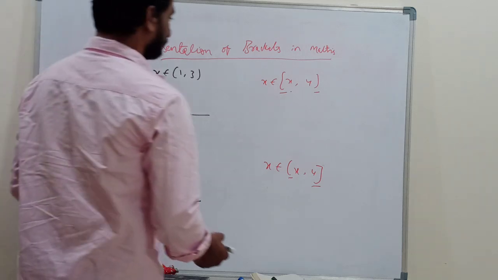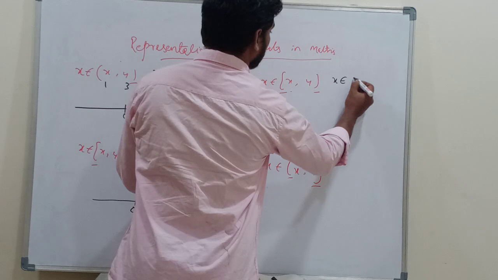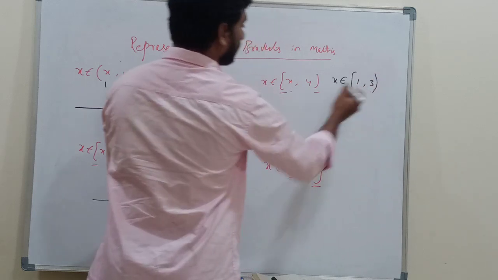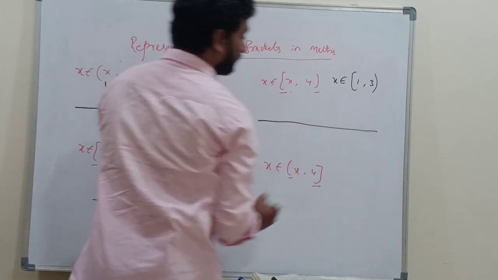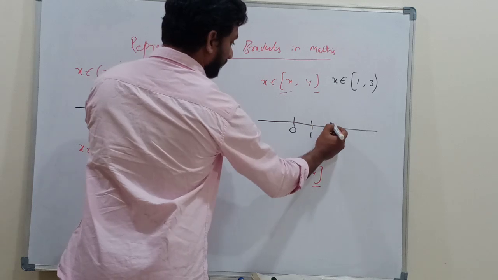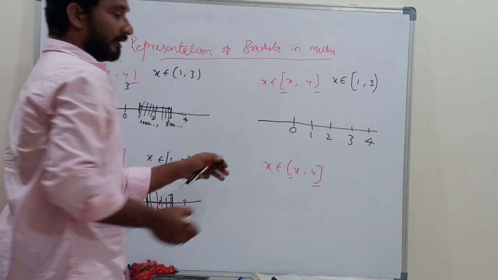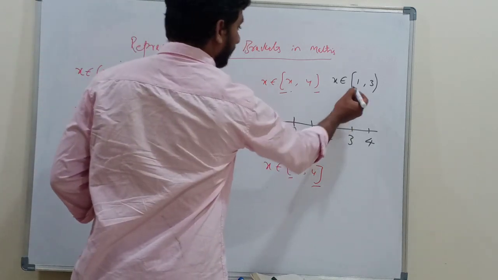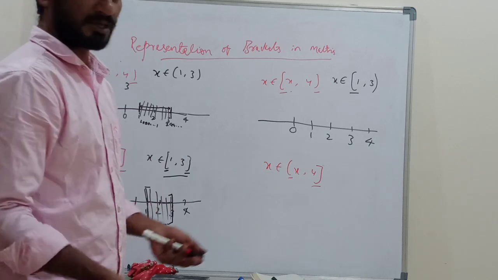Next I'm taking x belongs to closed bracket 1, ending with 3 with an open bracket. So in a straight line, how can we represent this one? Here I am taking 0, 1, 2, 3, 4. Here x starts from 1, and this is a closed bracket. Closed bracket means it will start from that point and include that point also.